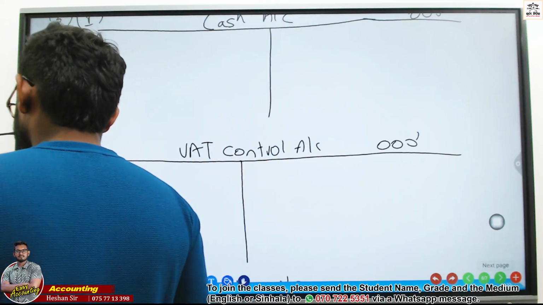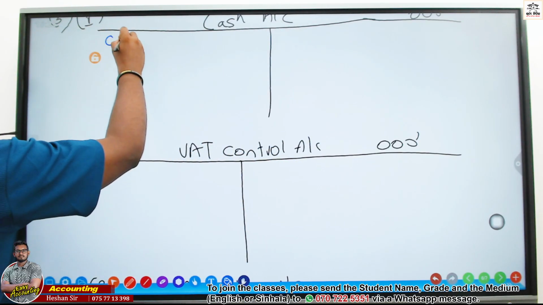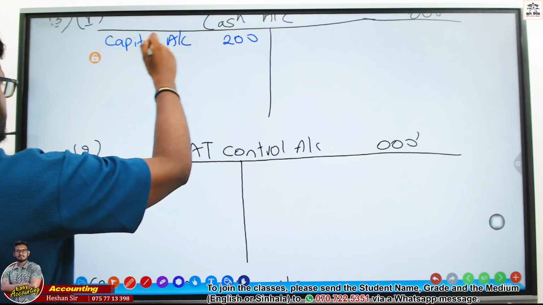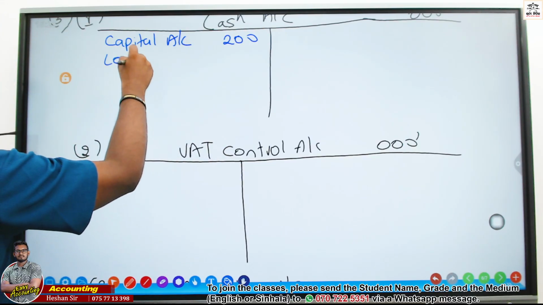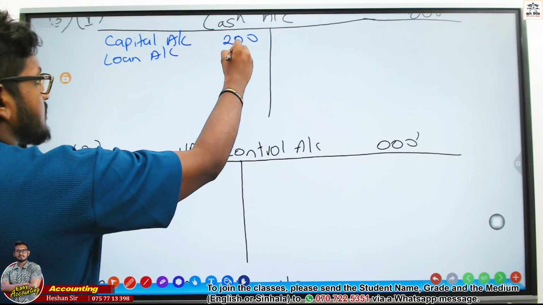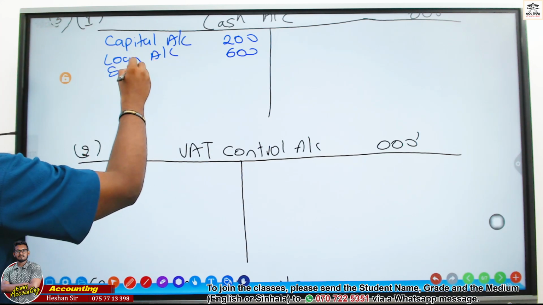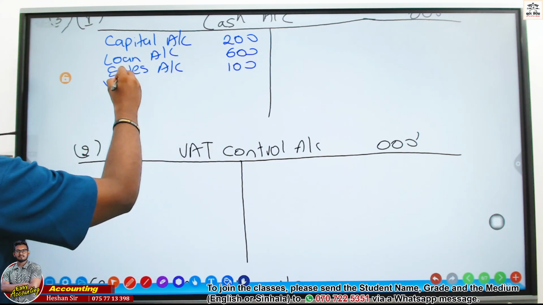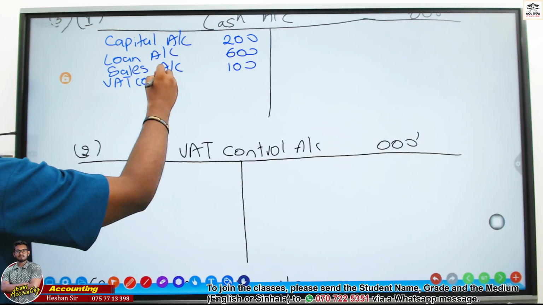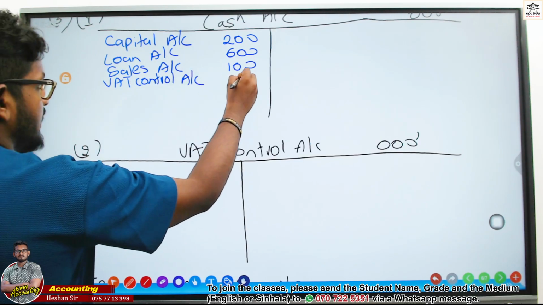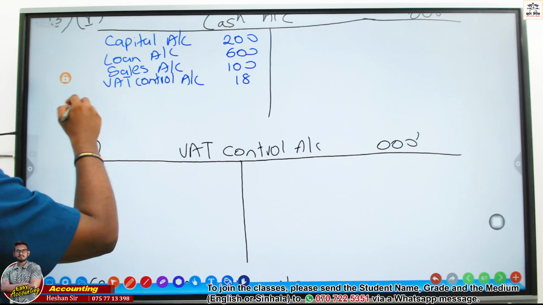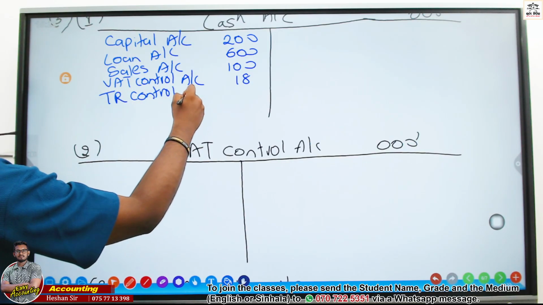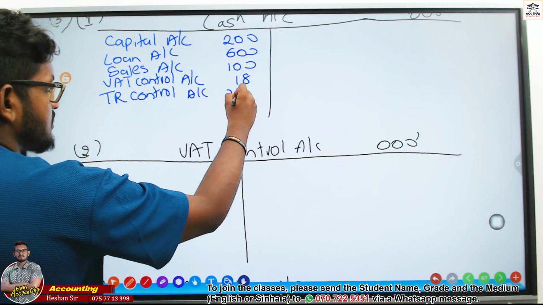Just write the things. Capital account 200. Loan account 600. Sales account 100. VAT control account 18. And trade receivable control account 236.